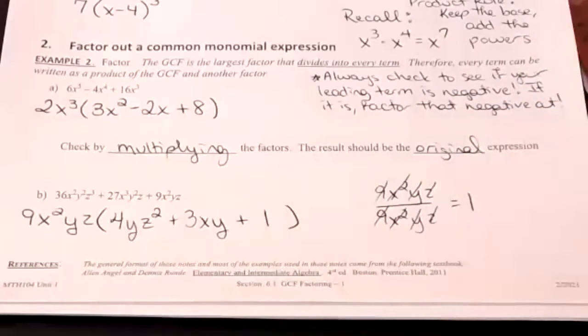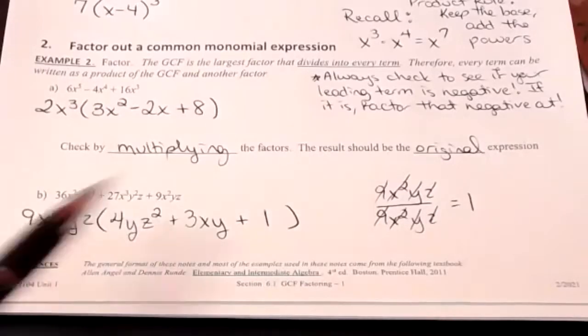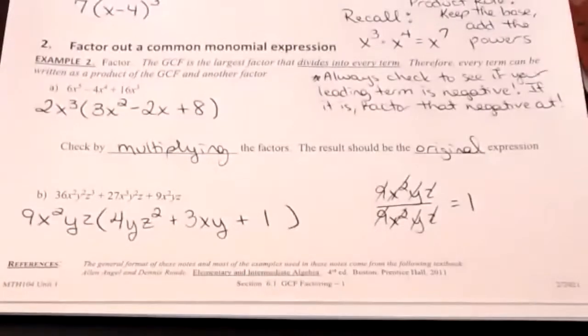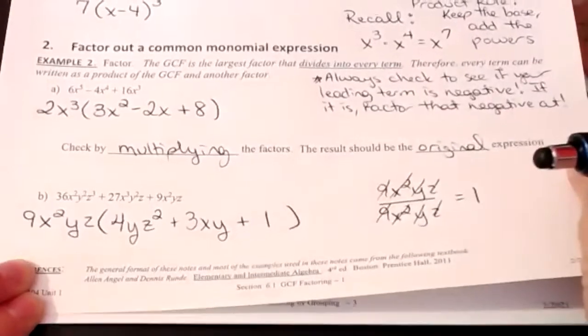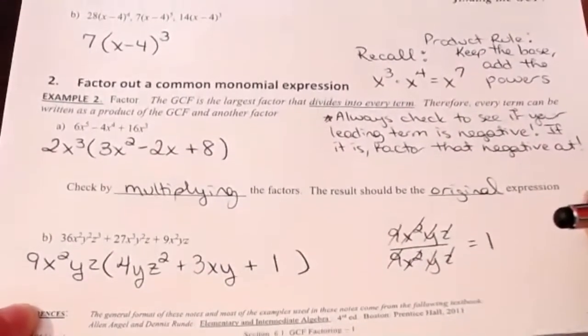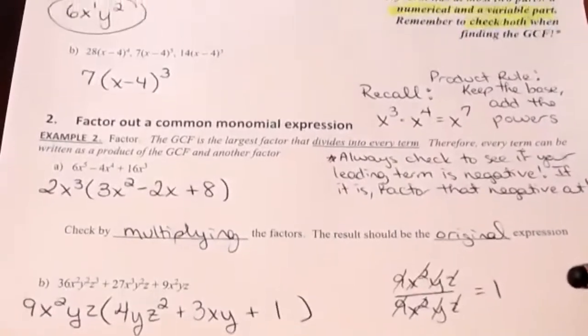Okay? And keep in mind that if you distributed, you better get the original polynomial. And we do. Very nice. What questions do you have for me before we turn the page? Okay, hearing none, let's do it.